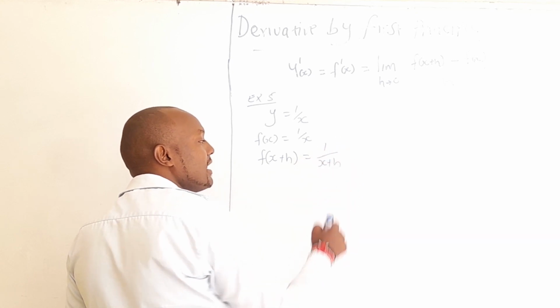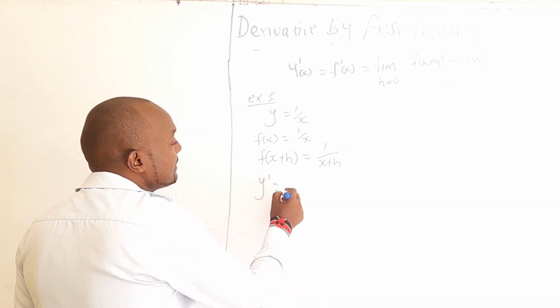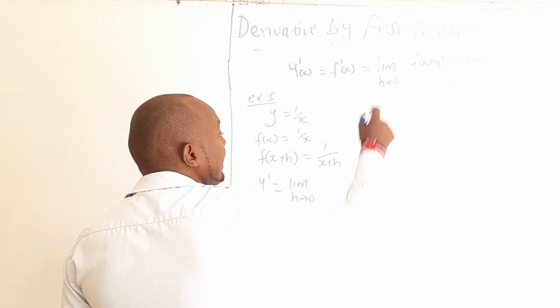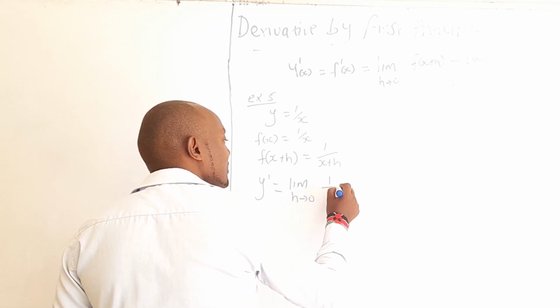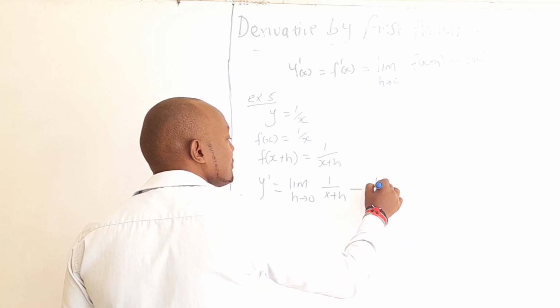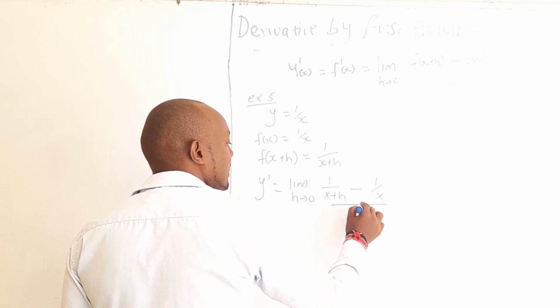So it will be 1 over x plus h. Now, the derivative will be the limit as h approaches 0 of f of x plus h, which is 1 over x plus h, minus my function of x, which is 1 over x, all over h.